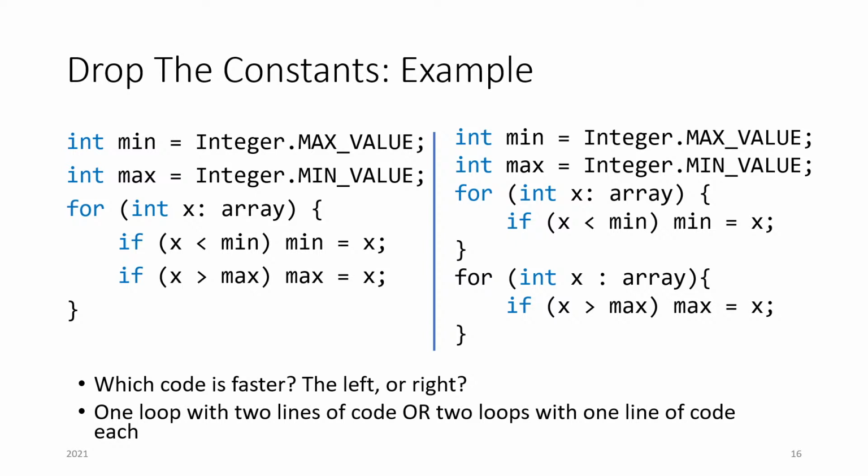Alright, so voting has ended at this point, so let's wait for the results to pop up here in the chat. So the majority of you thought that the left-hand side code is going to be faster than the right-hand side. The minority thought that the right-hand side is going to be faster. And then we have an extreme minority who thought that it's neither.